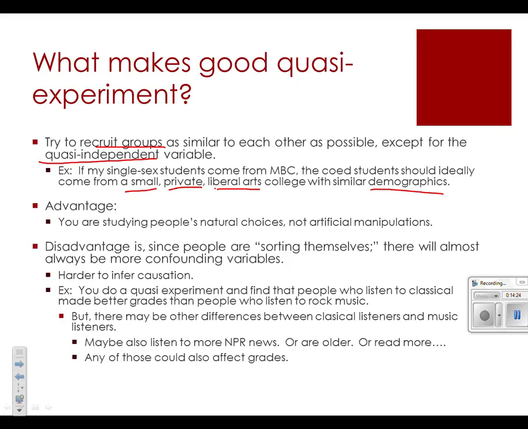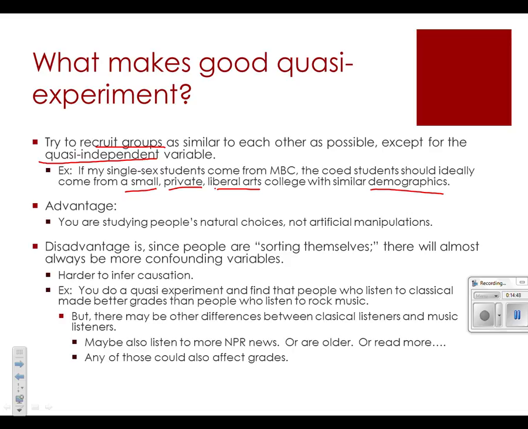So then I can be more and more sure that any differences I see may be due to the co-ed single-sex difference, not to anything else. If I chose to compare Mary Baldwin students to JMU students, well, there are a lot of differences between Mary Baldwin and JMU other than simply one is co-ed and one is single-sex.